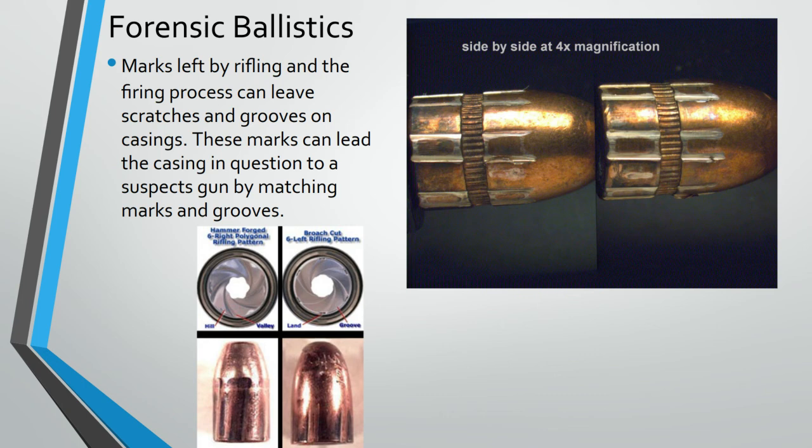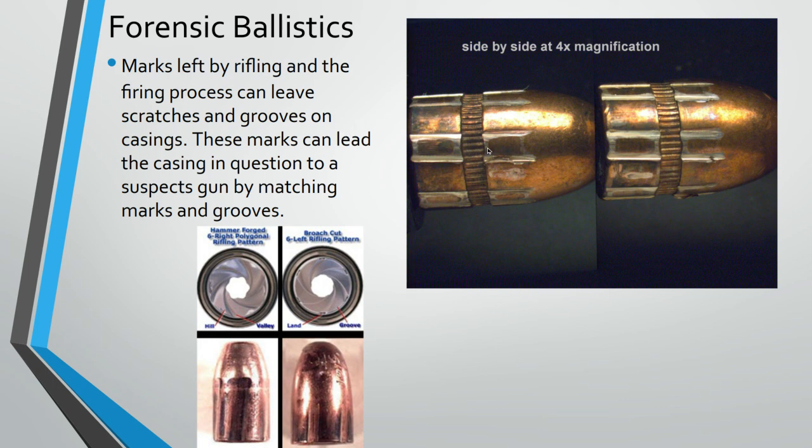And then this is a close-up picture of those lands and grooves. Again, they're the marks left by the rifling in the barrel of the gun as the bullet is fired downrange. Those lands and grooves can be matched to each other. What a forensic scientist would do is take close-up pictures of an evidence bullet, the one on the left here, and the one on the right would be the same type of cartridge fired from a gun that they were trying to link the two bullets to.